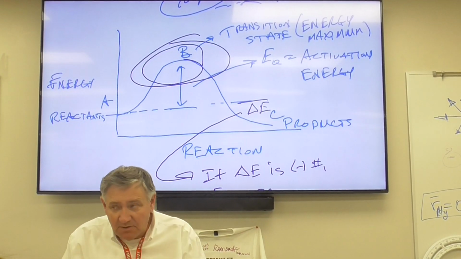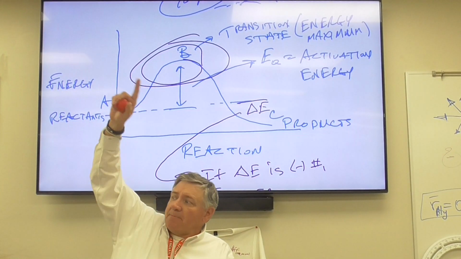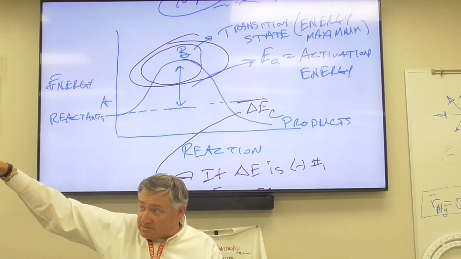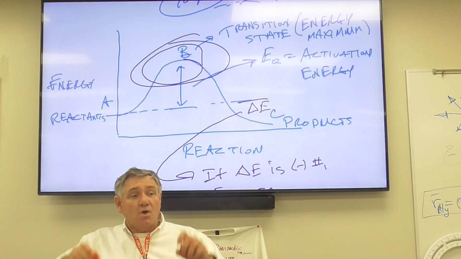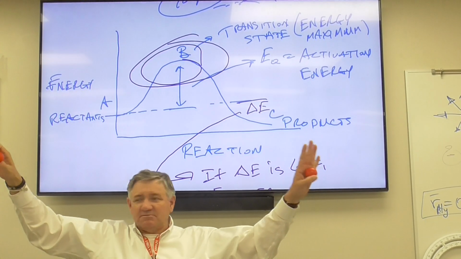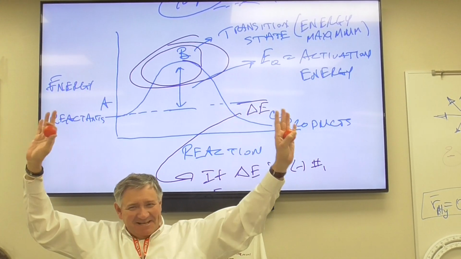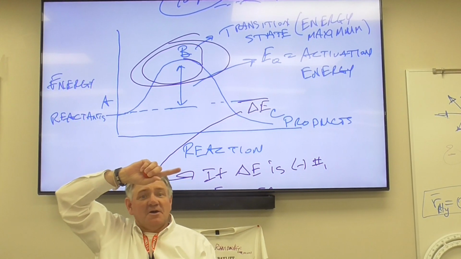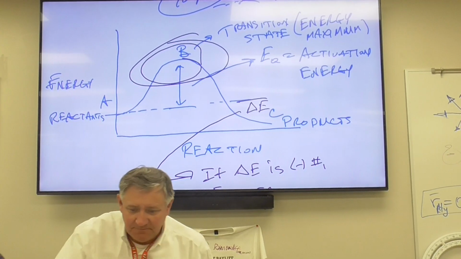No. So at this point, I'm at the top of the curve. You can think of this in terms of like a roller coaster. So at this point, we're at the top of the roller coaster, okay? Woo, everybody's ready to go. Everybody's excited. Woo, here we go, right? So then, whoa, you go down the roller coaster.